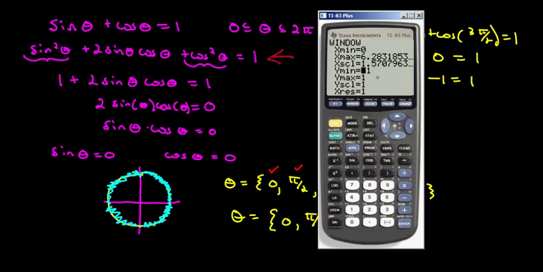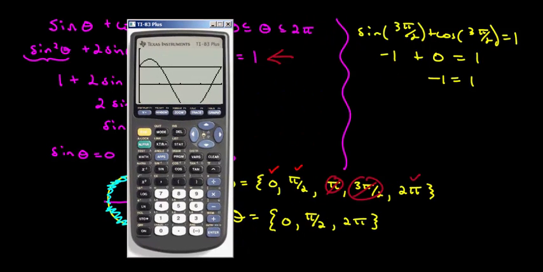And let's go between negative 1 and a height of 2 so that we can see what we're including. So we'll graph it out. Now if you notice, the values that work are 0, pi over 2, 2 pi over 2, 3 pi over 2, 4 pi over 2, which is 2 pi. So here, here, and here.